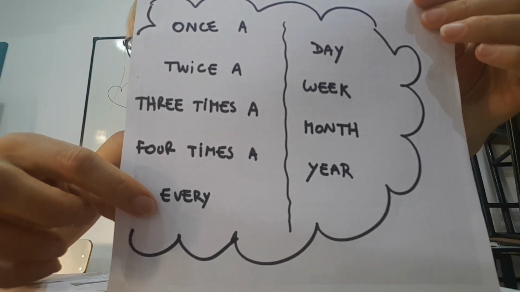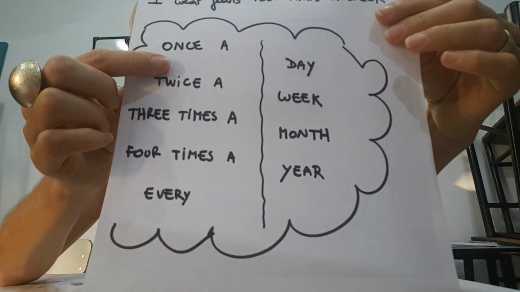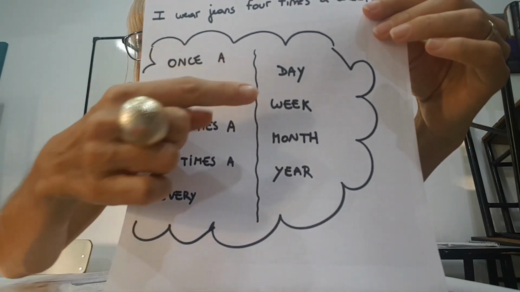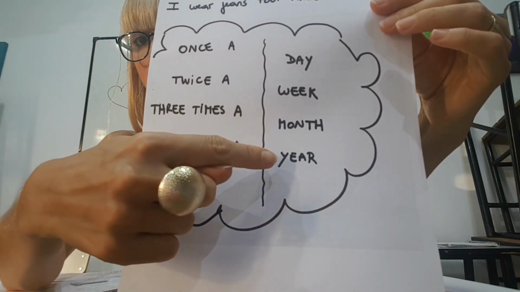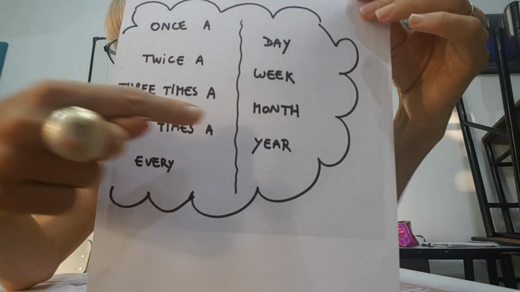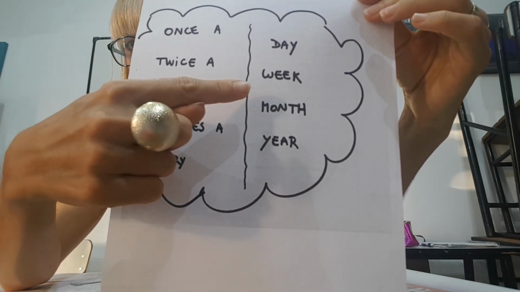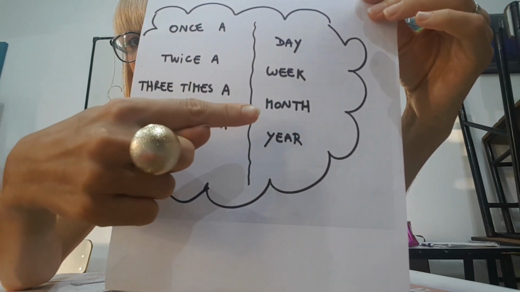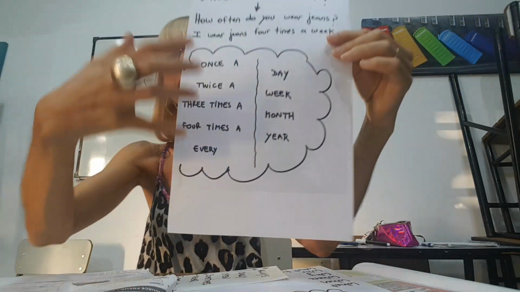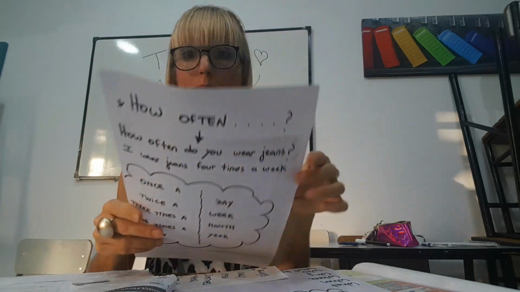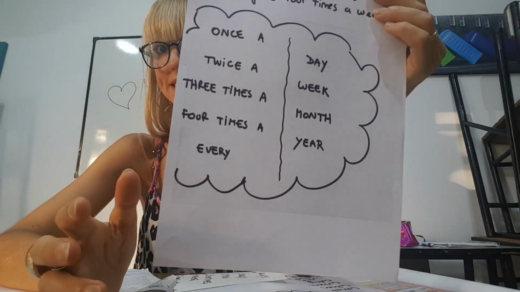Every week, todas las semanas. And I can combine them. For example, once a day sería una vez al día. Once a year sería una vez al año. Twice a week, 2 veces por semana. 3 times a month, 3 veces al mes. So there I have the combination of the different parts of the phrase to make different frequencies.